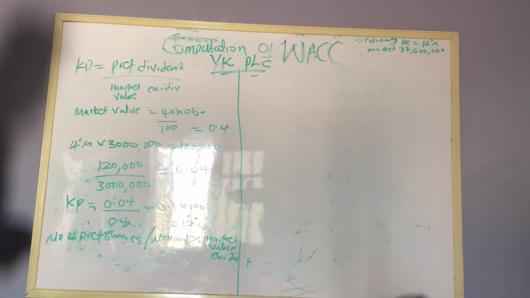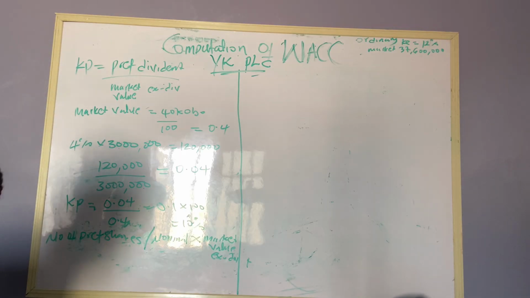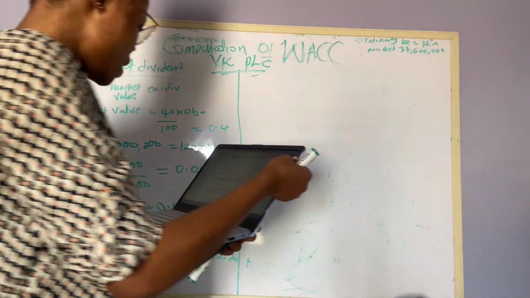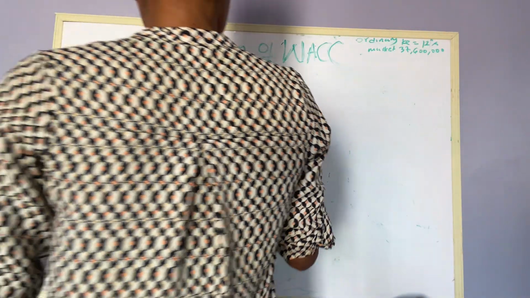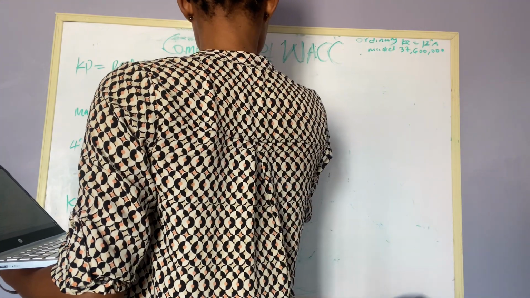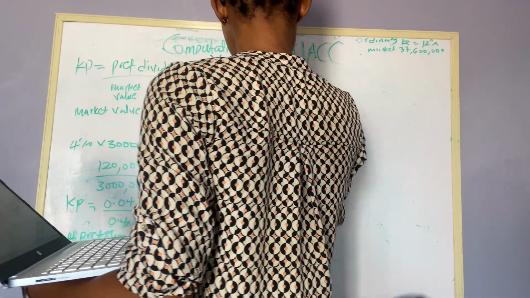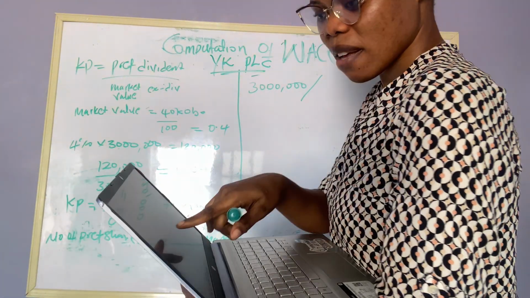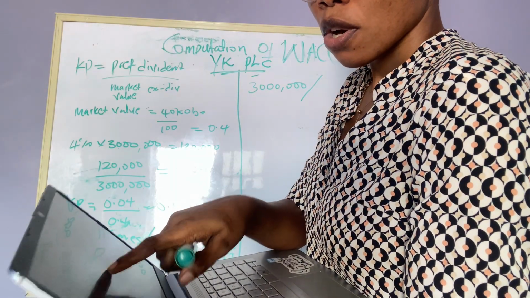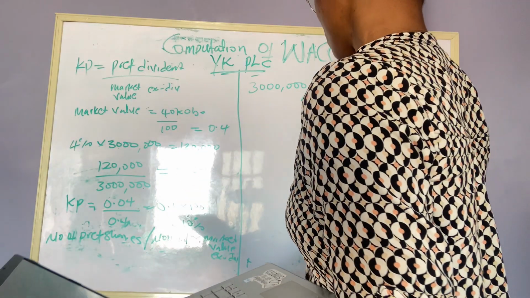You see. So now, what is our preference share value? Our preference share value is 3 million. You understand? 3 million. So we'll now divide it by the nominal value. Our nominal value in the question is 1 naira.